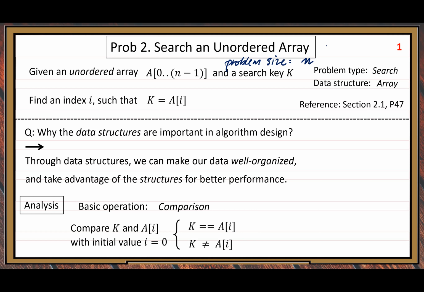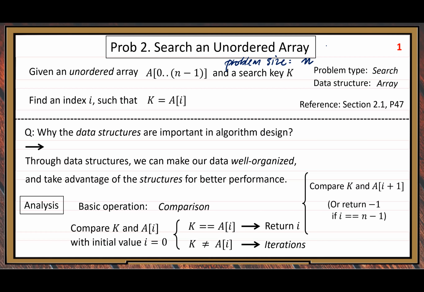When k is not equal to a of i, you need to do more comparisons, another round of comparison, and so on until you reach the end.